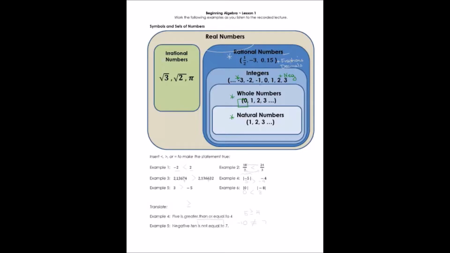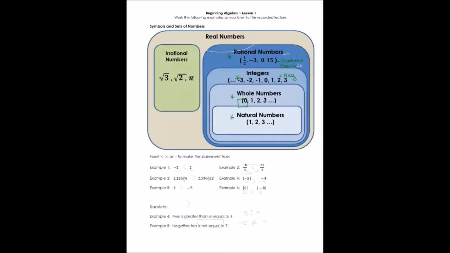And then come the rational numbers. For rational numbers, I have natural numbers, whole numbers, integers, and I'm also going to add two other sets. I'm going to add fractions, and I'm also going to add decimals.